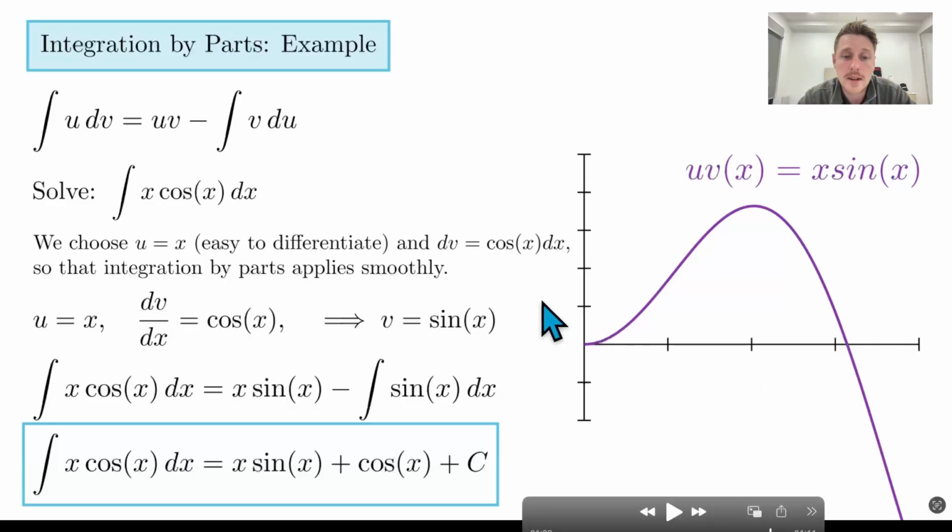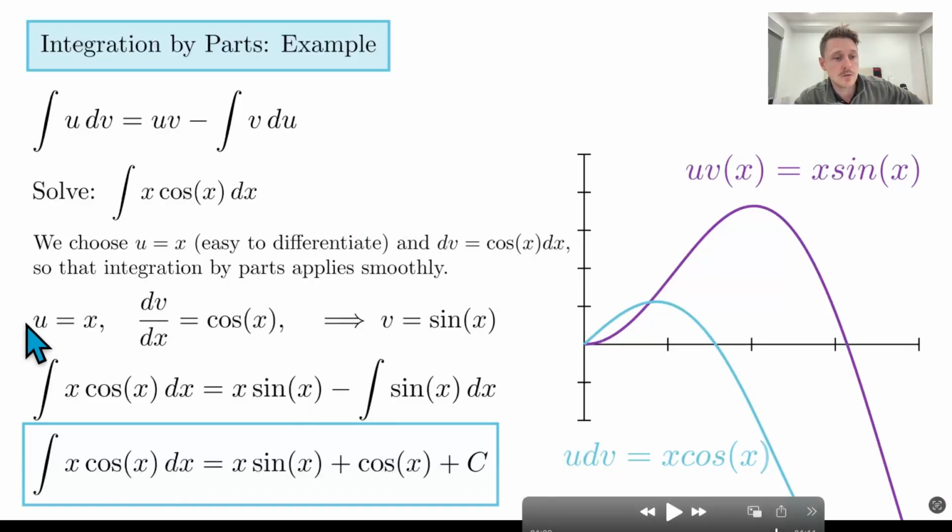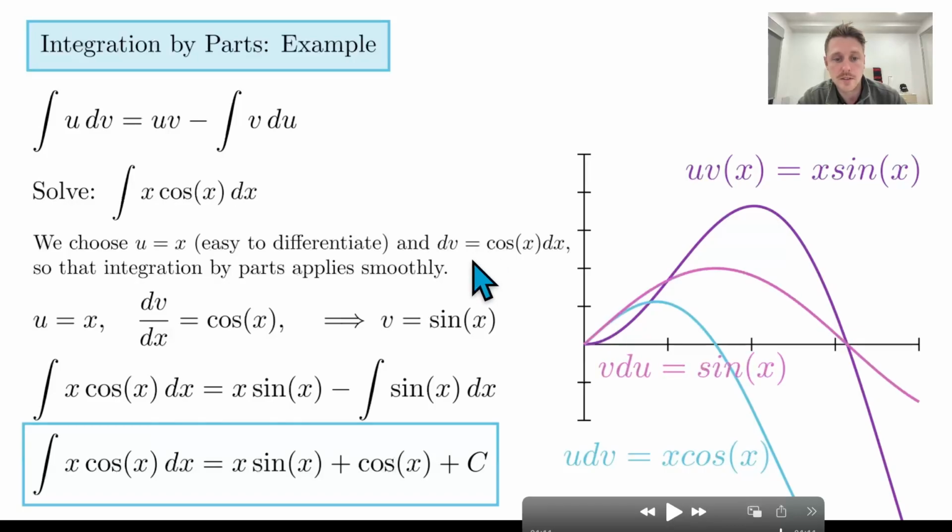So if we sketch the next part, we get u dv. So u dv is equal to x multiplied by cos x. And we get v du is equal to v, which is sine x, du is 1. So we just get v du is sine x.